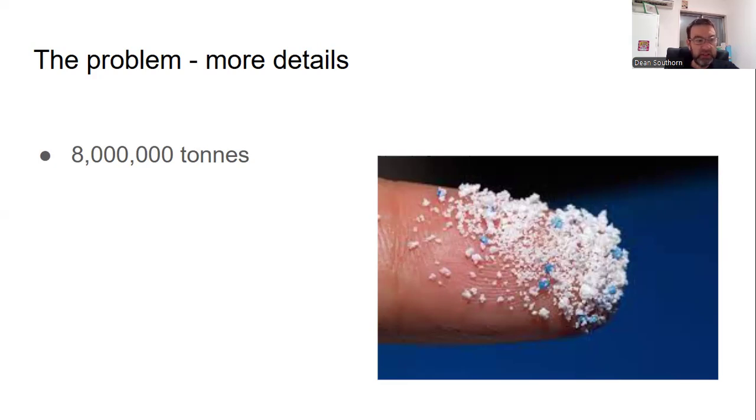This is a danger to fish, whales, and seabirds. They eat the plastic. It fills their stomach and eventually they die of starvation. It's a huge problem. 80% of that plastic, according to Our World in Data, comes from Asia as well, which is a staggering amount.